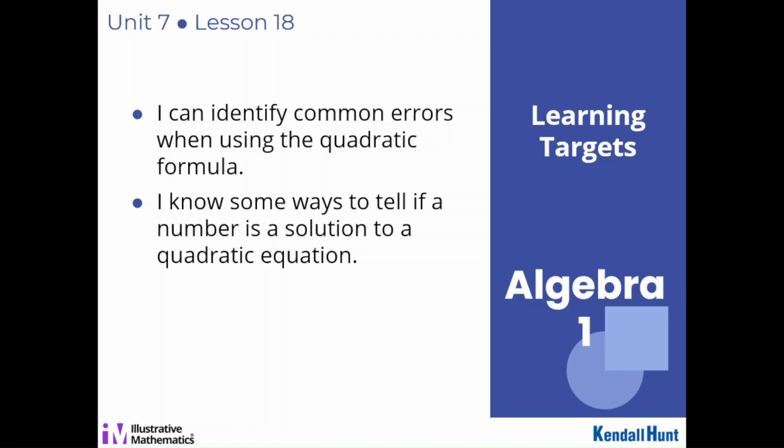Learning target number 1 says that you can identify common errors when using the quadratic formula. So things like the wrong sign, having it plus when it should be minus, having it minus when it should be plus, not paying real close attention when you're putting the numbers in and putting the wrong value in for the wrong variable, or making simple mathematical mistakes when you're doing the adding, subtracting, multiplying, and dividing.